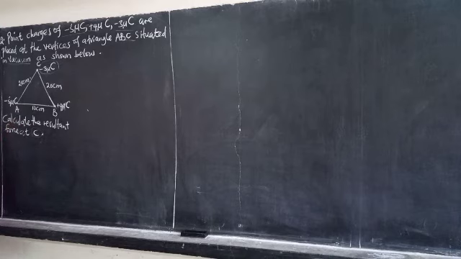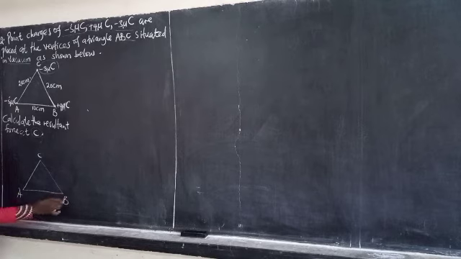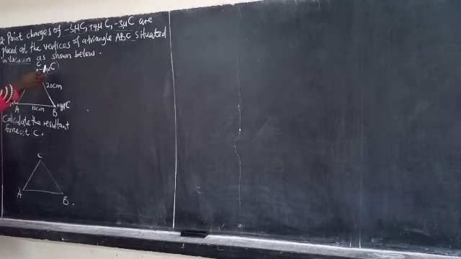We can do some sketch so that it can simplify our work. This is C, this is A, this is B. Now if I bring this -3 towards this -5, how does it get a force?